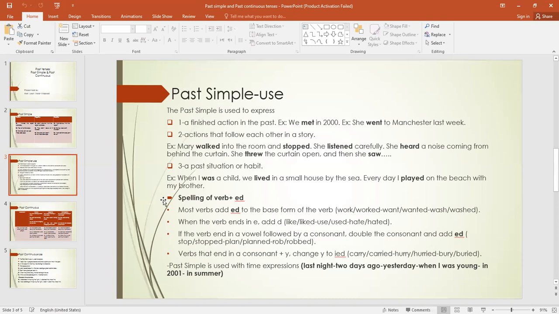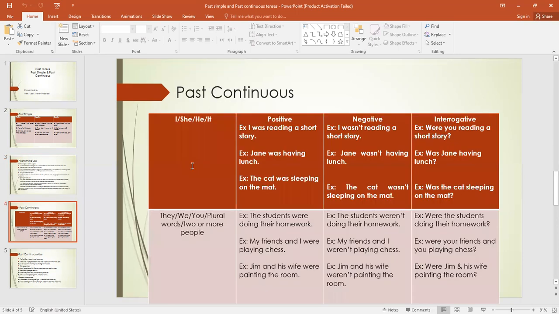Let's go now to past continuous, and after that we will go back to the book to do some exercises related to these two topics. Actually, these are the rules also for past continuous. Past continuous consists of was and were, okay, and a verb ending in ing.